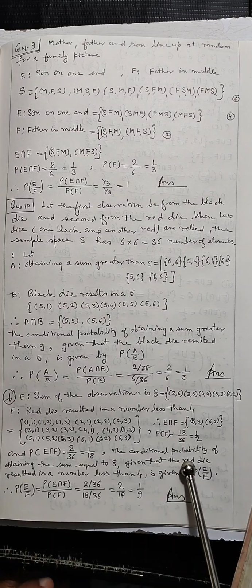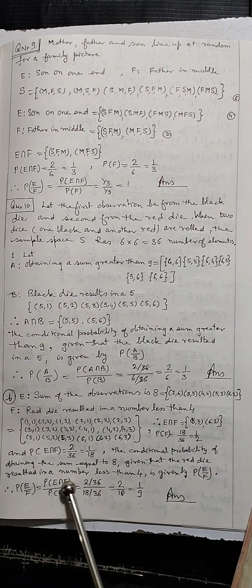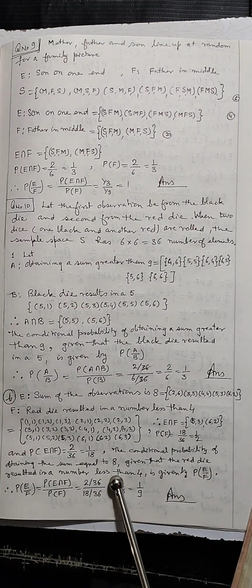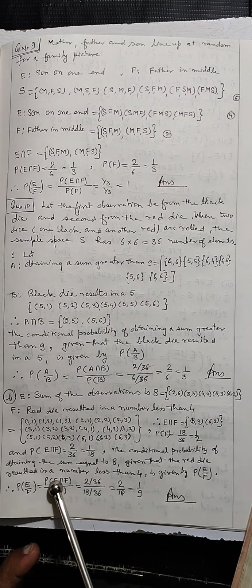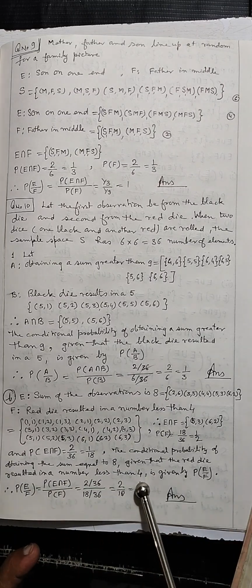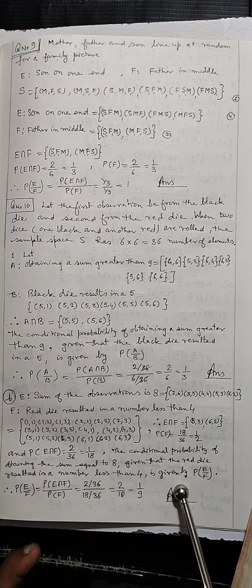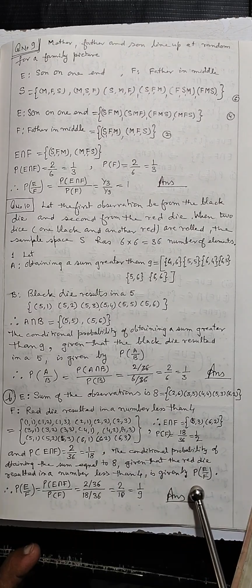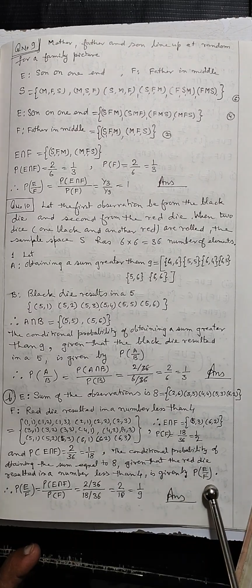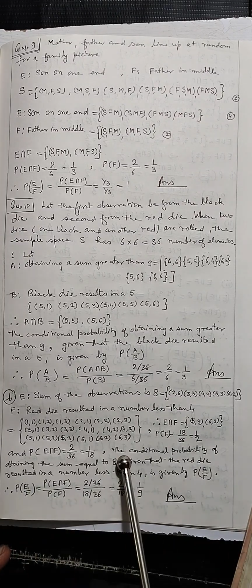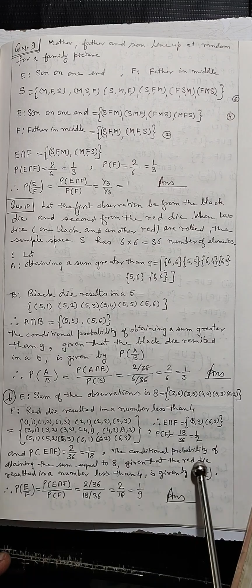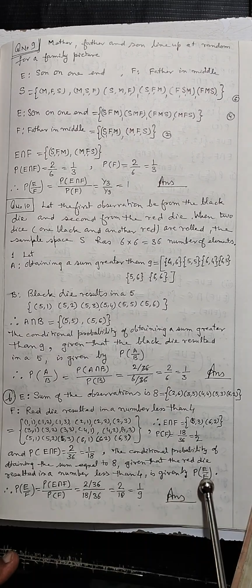The conditional probability of obtaining the sum equal to 8, given that the red die resulted in a number less than 4, is given by the probability of E by F. See, conditional probability always indicates that the F event has occurred first, later on the event E has occurred.